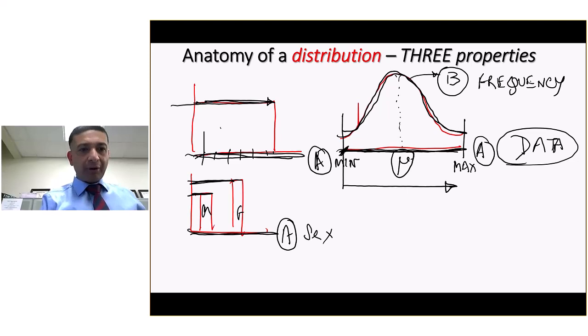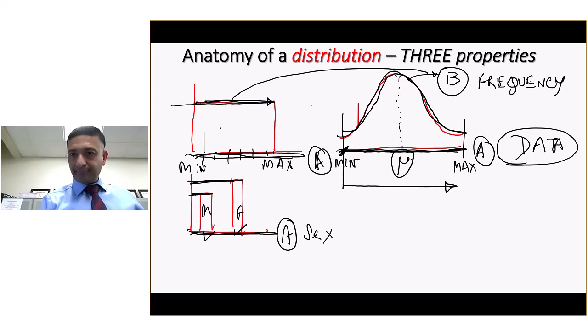It's the same story from minimum till maximum when you are looking at a continuous distribution. Discrete, it's a different story because you are looking into 2 discrete kinds of data points, males and females. It's the same thing that has been measured on your y-axis. It's still frequency.